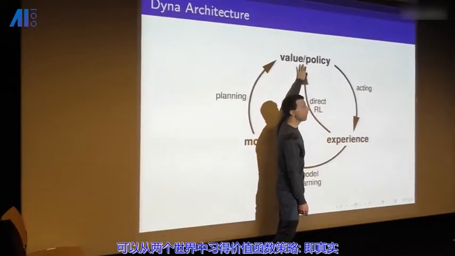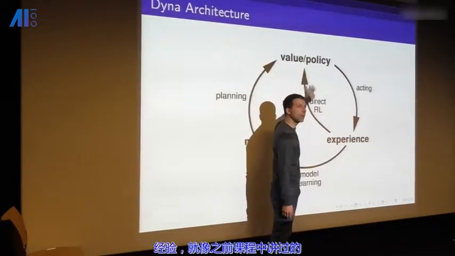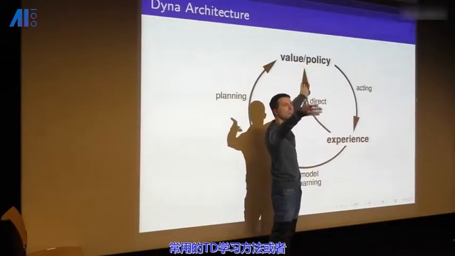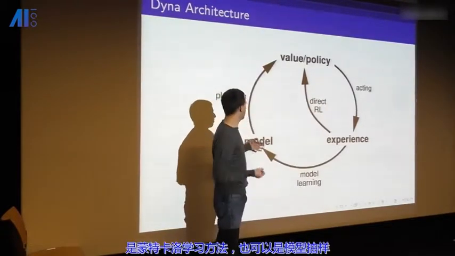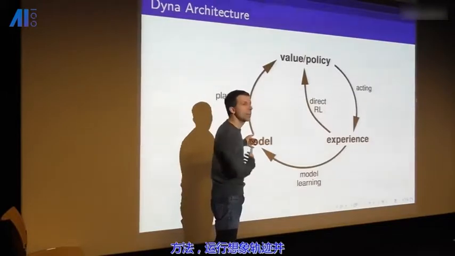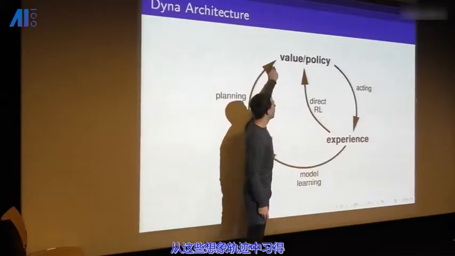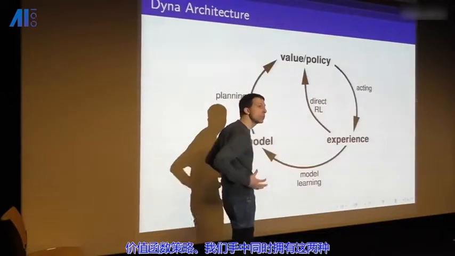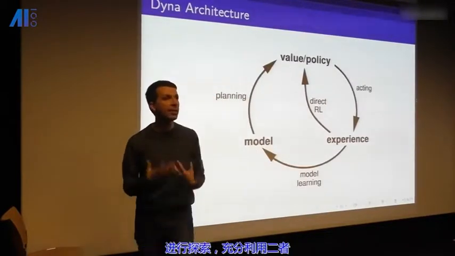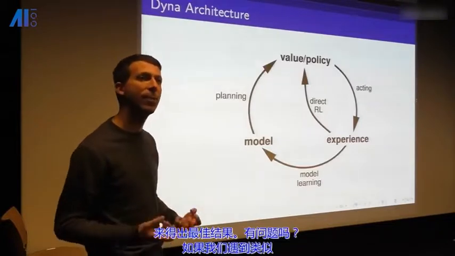So we learn the value function or policy in two ways. From real experience, just like our usual TD learning or Monte Carlo learning from earlier lectures, and also by sampling from our model, running imagined trajectories, and learning the value function or policy from those imagined trajectories. So we've got those two sources of experience coming together. Let's exploit them both and get the most out of this by using both of them.